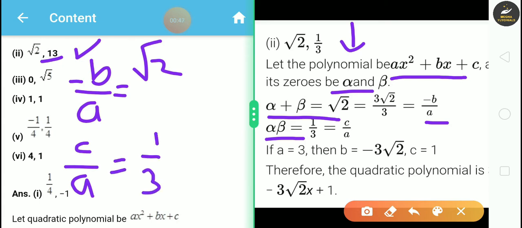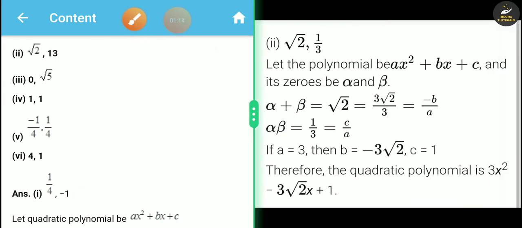Now in the second case, the denominator is 3. So we have to multiply root 2 by 3 upon 3 to get the same denominator. Our equation will be minus b upon a is equal to 3 root 2 upon 3, and c upon a is 1 upon 3.